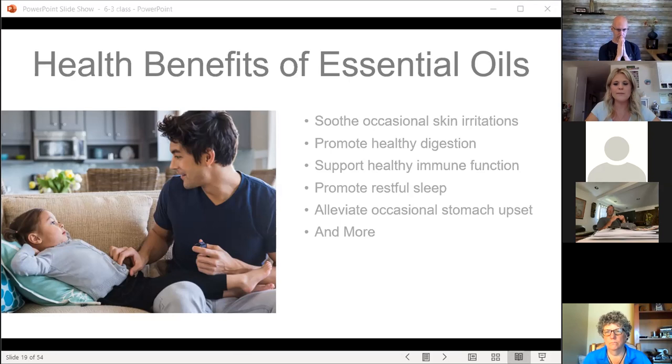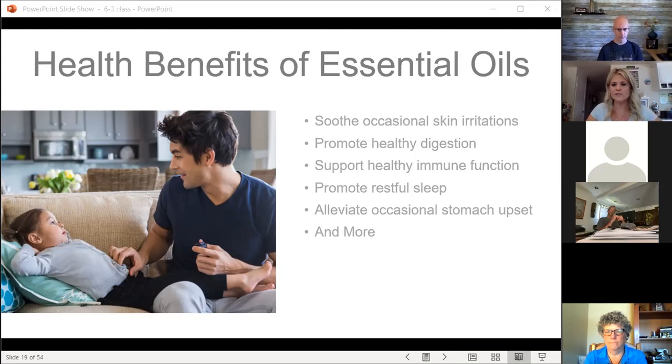And so we want to maintain good health. It's easy to tailor your essential oil usage specifically to your own needs. It's not a generic solution of here's the same protocol for each and every one of you. Each and every one of you could have the same symptom, but have a different protocol based upon what works for your body.